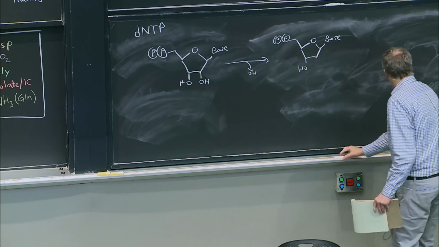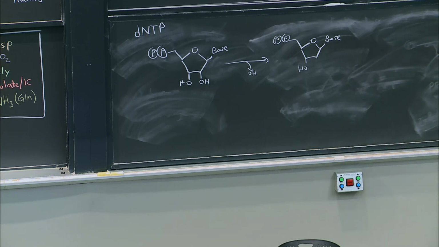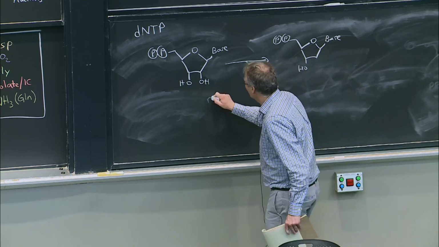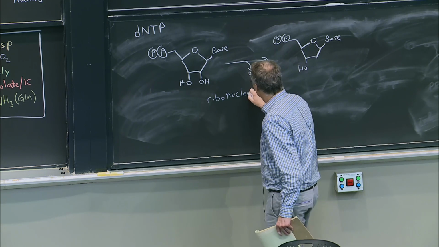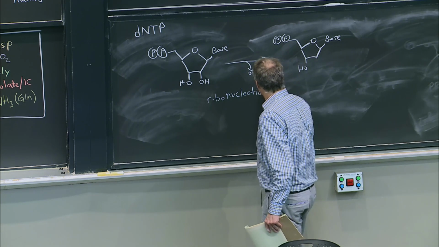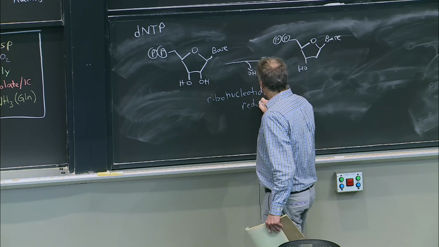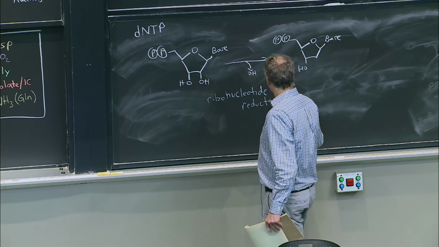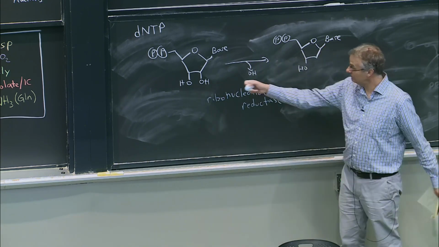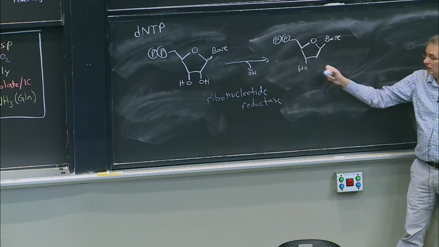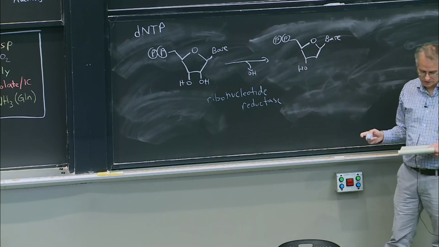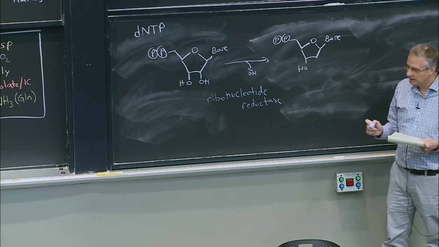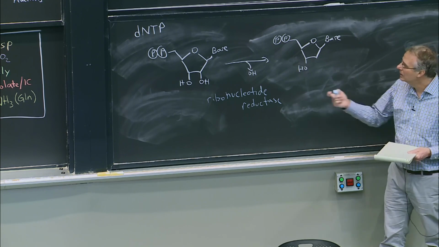This is carried out by an enzyme called ribonucleotide reductase. Makes sense. We're doing a redox reaction, reducing that alcohol to a saturated hydrocarbon, ribonucleotide reductase. Interesting mechanism. You can look it up if you're interested.